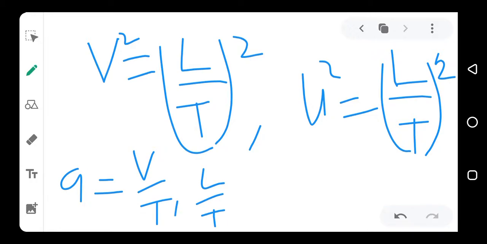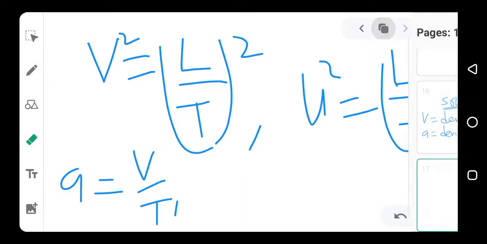So we have that velocity is equal to length over time.